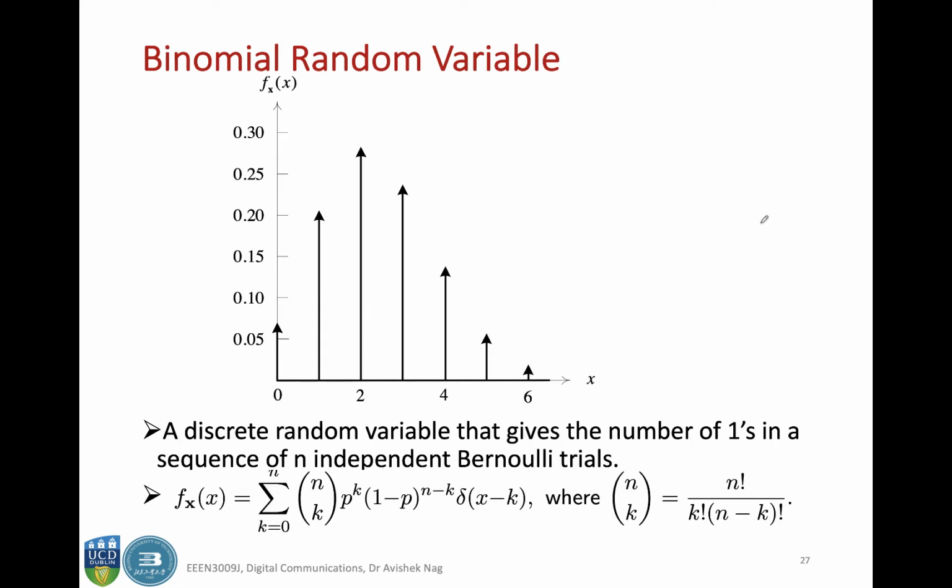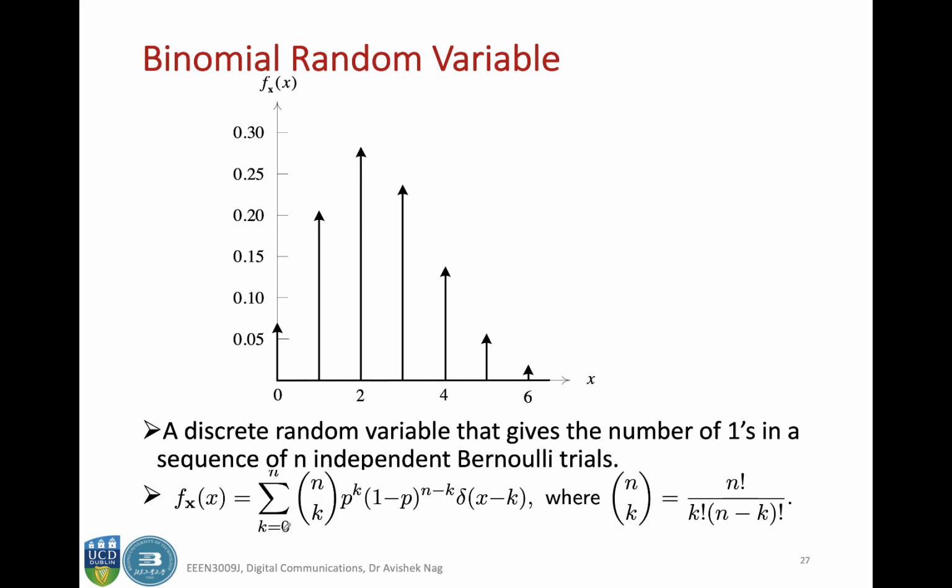So again, another example of a discrete random variable and its probability mass function. This is the binomial random variable. So the probability that x takes a value small x is given by this expression.